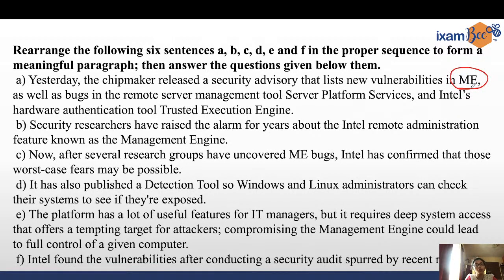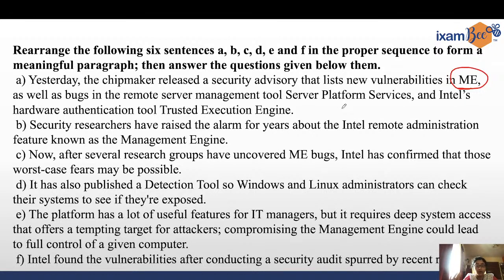"New vulnerabilities in ME, as well as bugs in the remote server management tool, server platform services, and Intel's hardware authentication tool, trusted execution engine." So we are talking about a remote administration system that was launched by Intel.